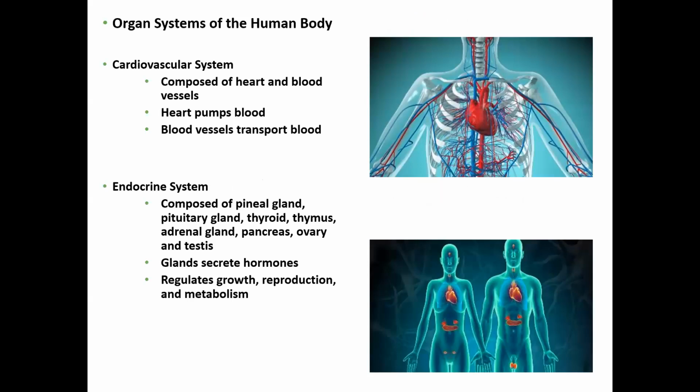We've got the cardiovascular system, the heart and the blood vessels. This is pretty straightforward. The heart pumps blood. It's a 4-chambered heart. The right side receives blood from the body and pumps to the lungs, where the lungs are going to reload the oxygen that was used on the pass through the body.